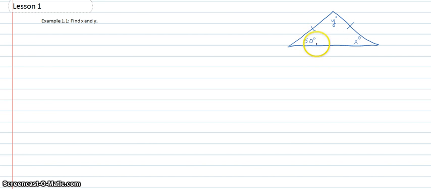So this angle here is 50 degrees, and since this side is the same as the side over here, that means that x is also 50 degrees, just because those two sides were the same length.